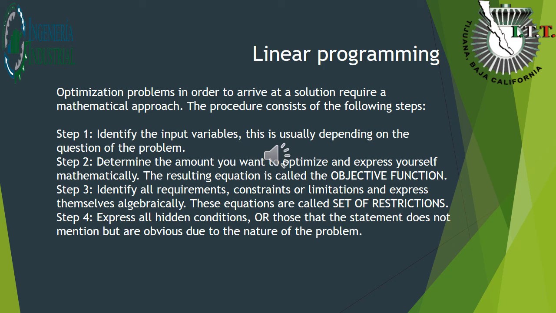The resulting equation is called the objective function. Step 3. Identify all requirements, constraints, or limitations and express them algebraically. These equations are called the set of restrictions. Step 4. Express all hidden conditions that the statement does not mention but are obvious due to the nature of the problem.